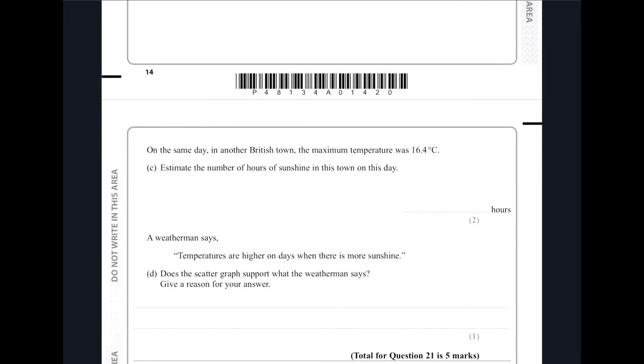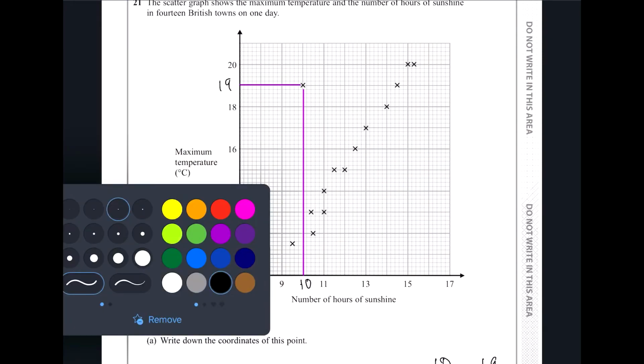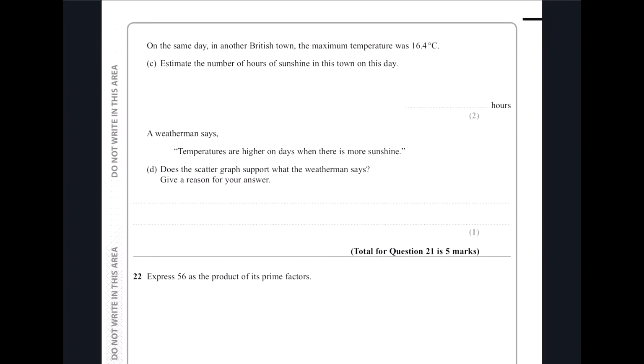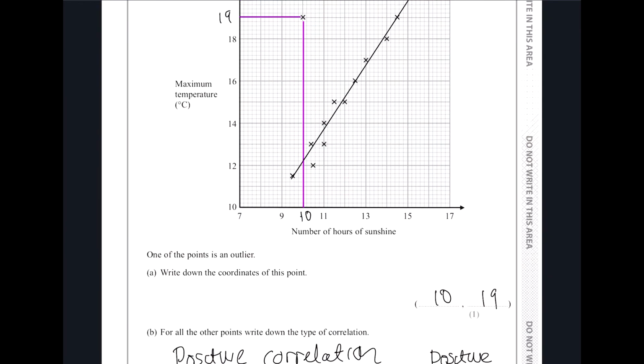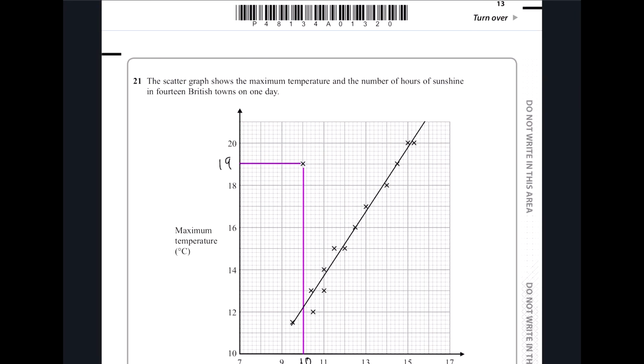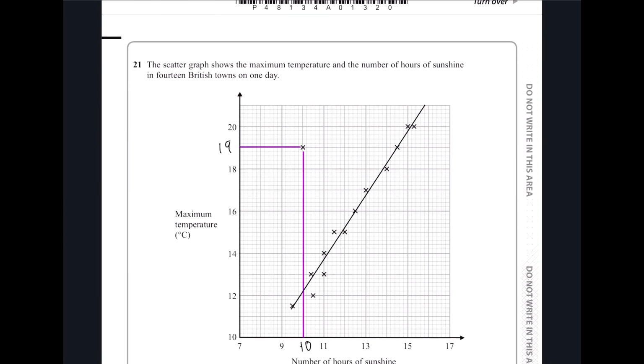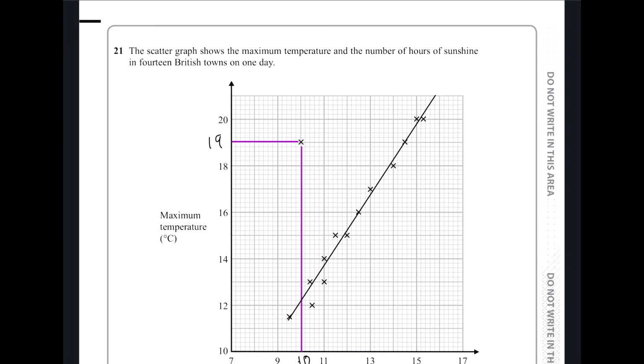Okay, so on the same day in another town, the max temp was 16.4. Estimate the number of hours of sunshine in this town on this day. Well, what you do is you roughly try and draw a straight line, a line of best fit, through the data, something like this. Then you see whereabouts it lies. So 16.4, right? So we go to 16.4 on our graph roughly. What does each one go up?